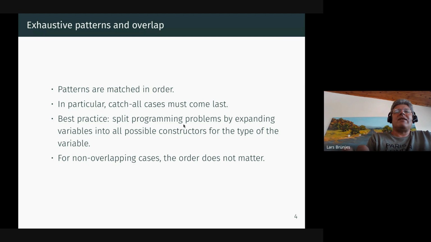The best practice, if you want to define a function on a data type, is that whenever you are stuck, you split the problem into cases for each possible constructor. And one last thing for this matching: if the cases do not overlap, then the order doesn't matter.